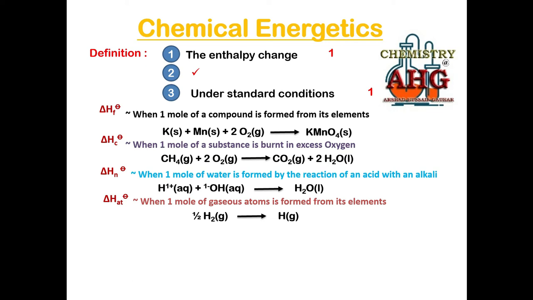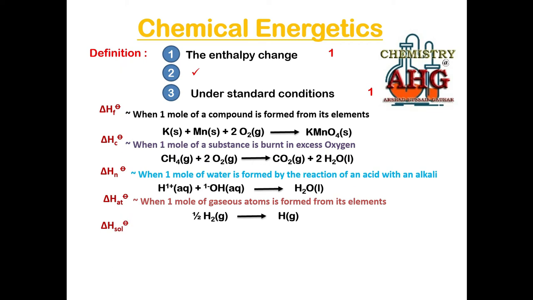Look at the product side, you can see there is 1 mole of hydrogen atoms and it is in the gaseous state. So atomization means we must have an element in atomic form and the state must be gas. So this is atomization.